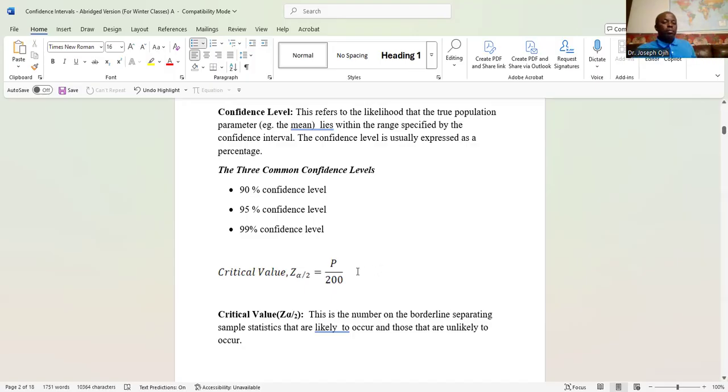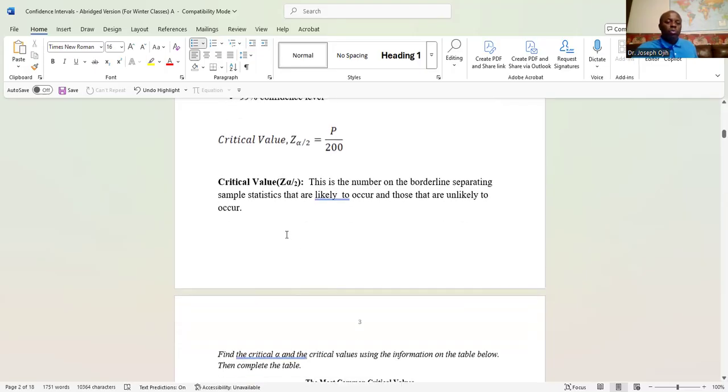Now, another thing we need to know is the critical value. This is the number at the borderline that separates the sample statistics that are likely to occur from those that are unlikely to occur. We use it to find the margin of error, because there are going to be some errors, whether in the calculation or in whatever you're working on.